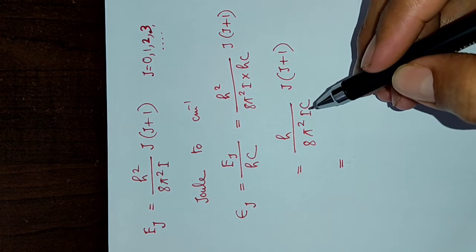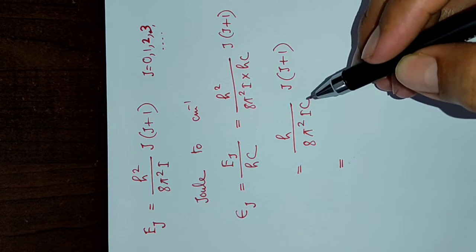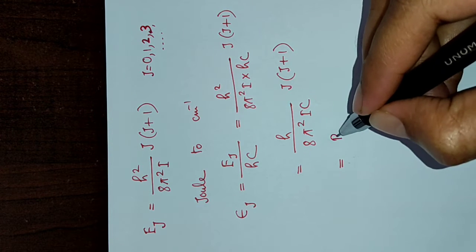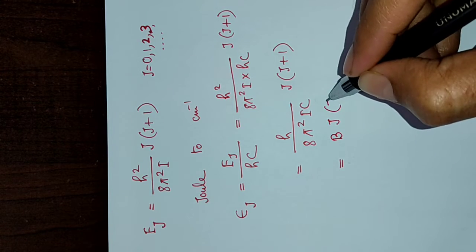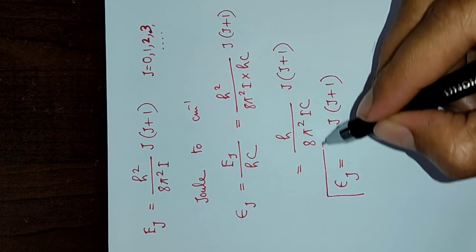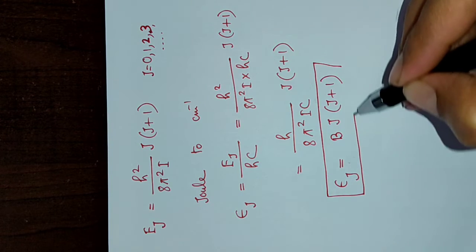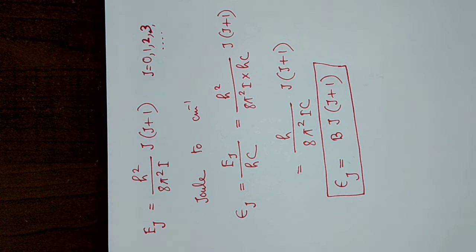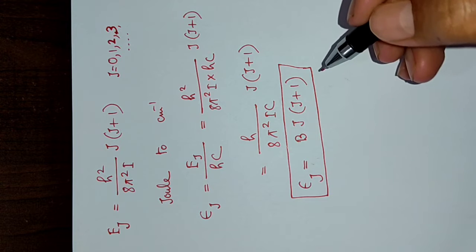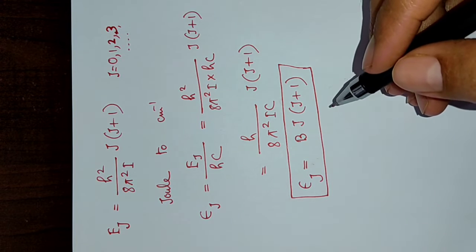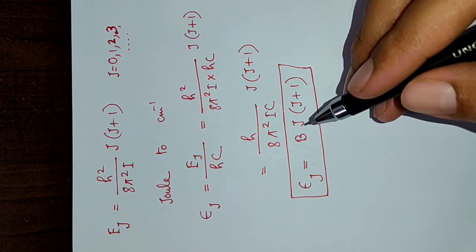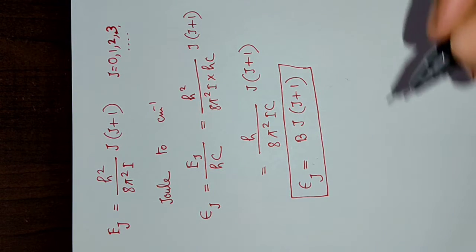This h is constant, I is constant for a particular system, c is the velocity of light, it is constant. So we replace this term by B. So this is the expression of energy of a rigid diatomic rotor in terms of wave number, where this B is the rotational constant and J is the rotational quantum number.